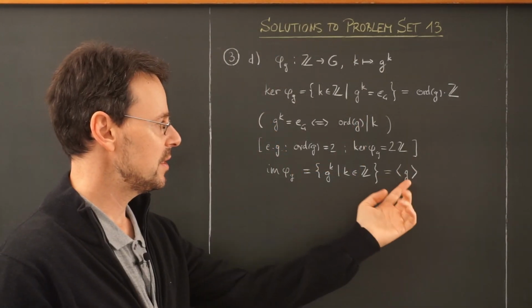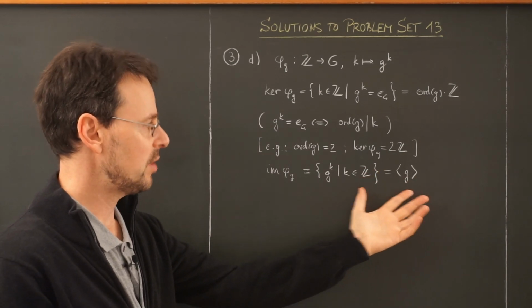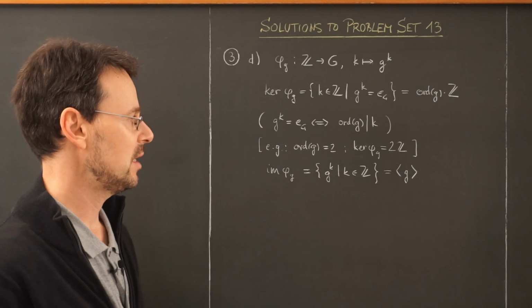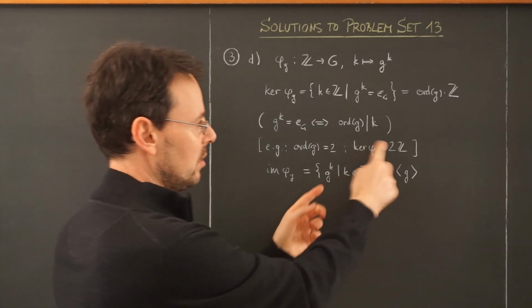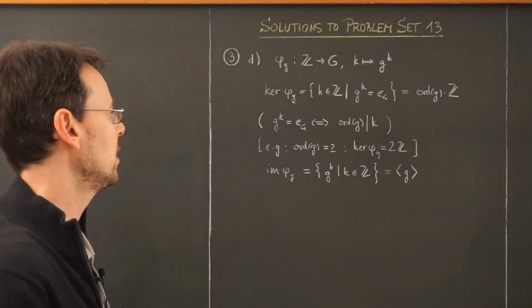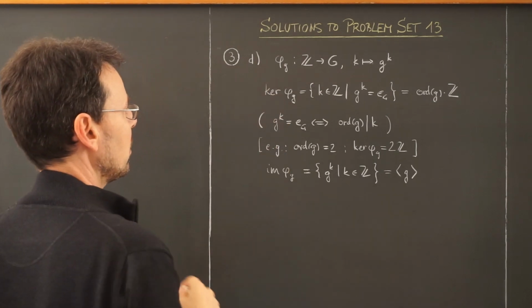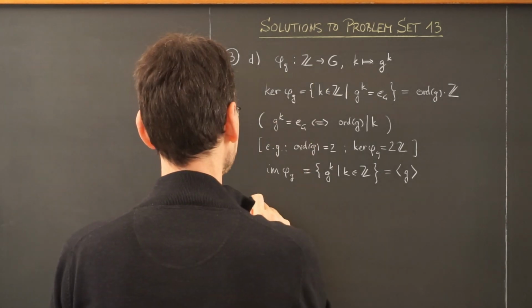And by definition, this is nothing else than the cyclic group generated by g. This is exactly that, which can be quite small. In this example here, it would simply consist of e, the neutral element, and g itself. So that was an interesting example of kernel and image of a homomorphism.